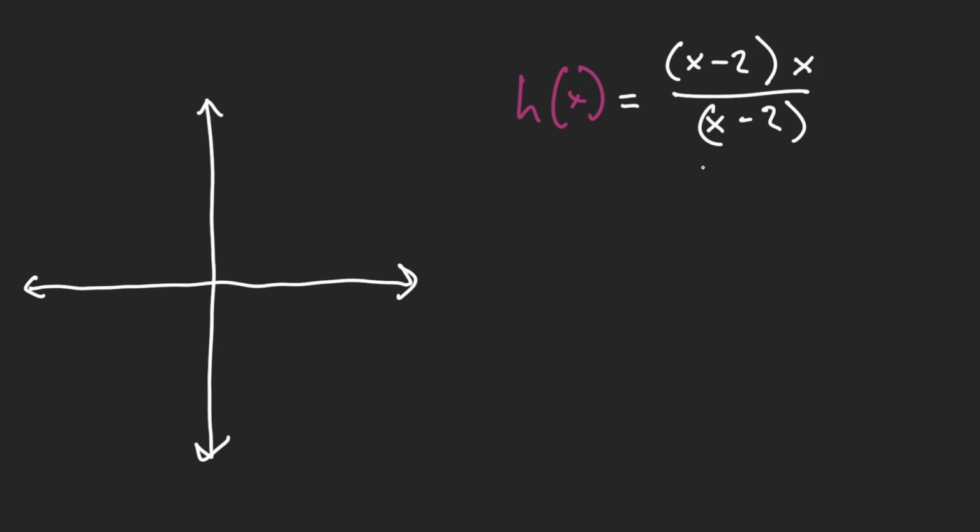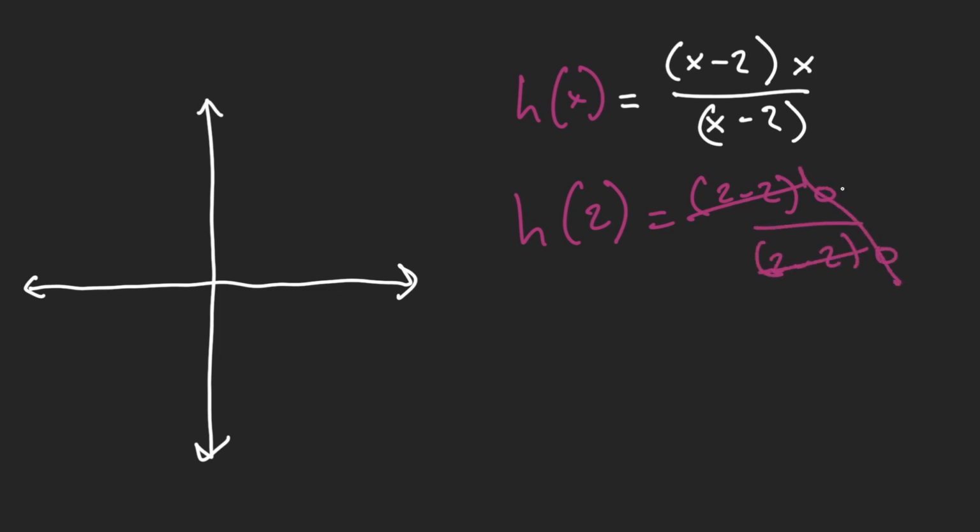An observant person may say, if you plug in x of 2, you're going to have 2 minus 2, that's 0, over 2 minus 2, that's also 0. So now we have 0 over 0, that's undefined. So h of 2 is undefined. There is no value for h of 2. So now how do we graph this?